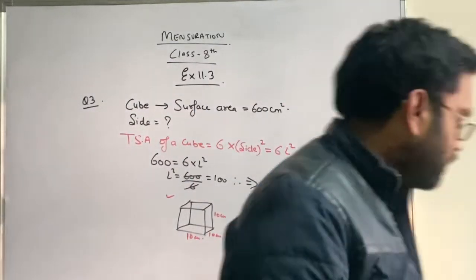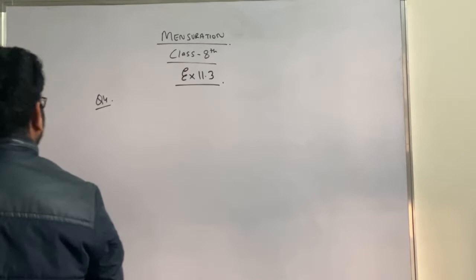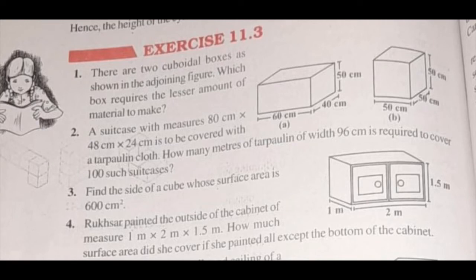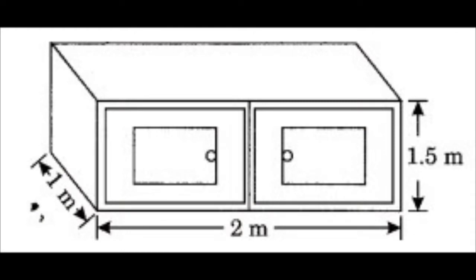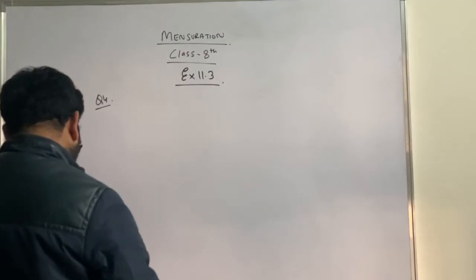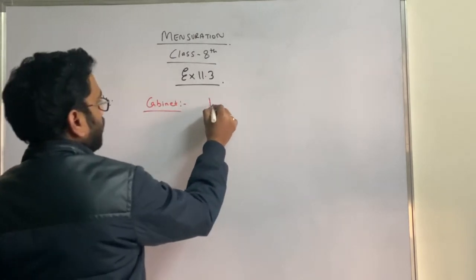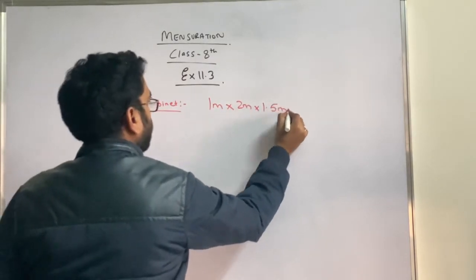What is the question number 4? Okay, so now the question number 4 is: Rukhsar painted the outside of the cabinet of a measure 1 meter into 2 meter into 1.5 meter. एक रुखसार है जो कि पेंट कर रही है आउटसाइड ऑफ द कैबिनेट, जिसका मेजरमेंट है 1 मीटर इंटू 2 मीटर इंटू 1.5 मीटर.